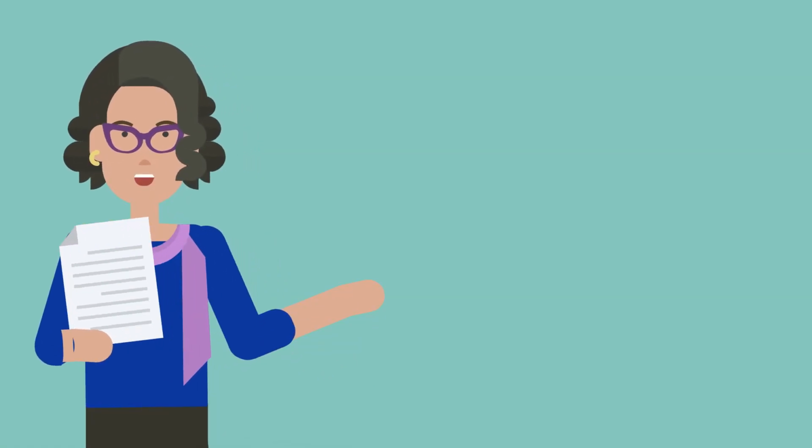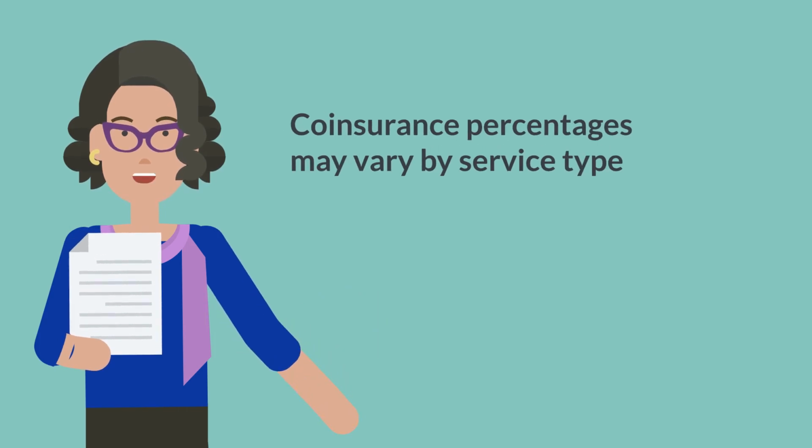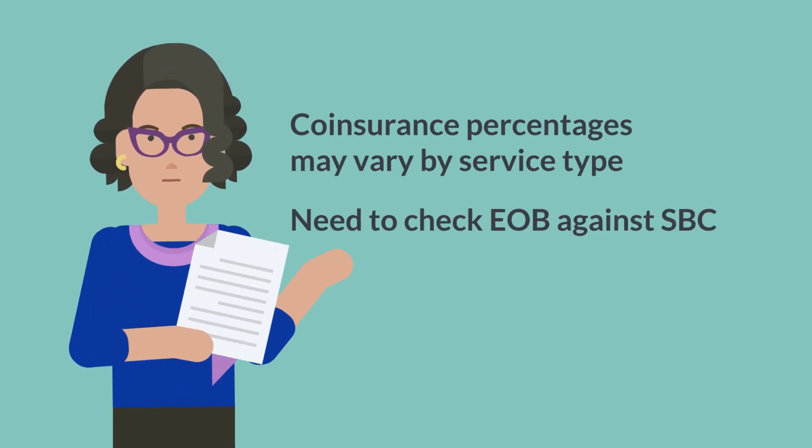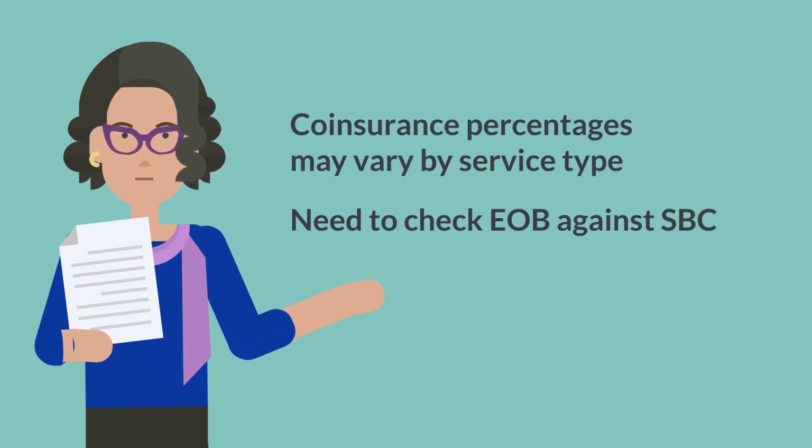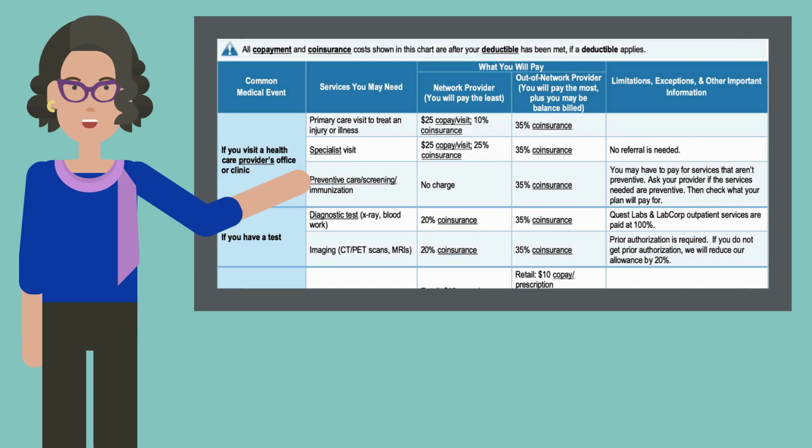There is just one more thing to check. We mentioned that co-insurance percentages may vary by service type, so we'll need to check the numbers on the EOB with what Robert's SBC says. According to his SBC, Robert is responsible for $25, or 10% of the allowed amount, whichever is less, for a primary care problem-oriented office visit after he has met his deductible.